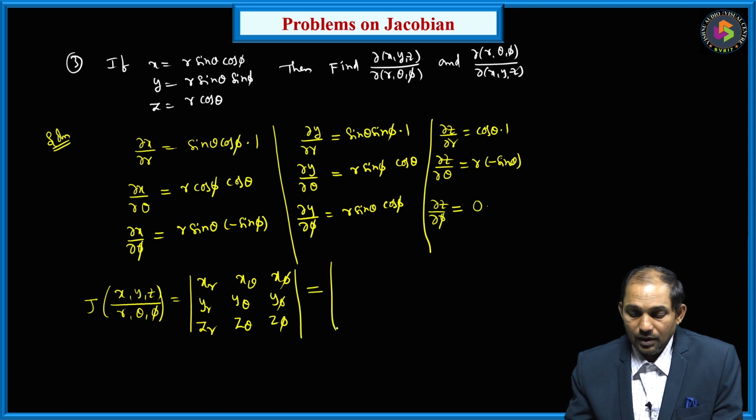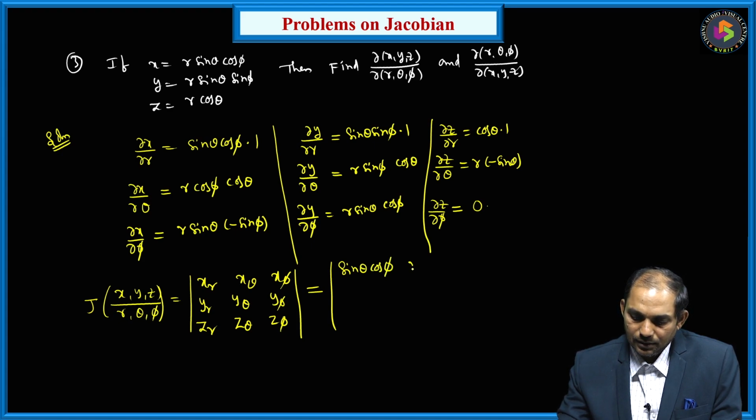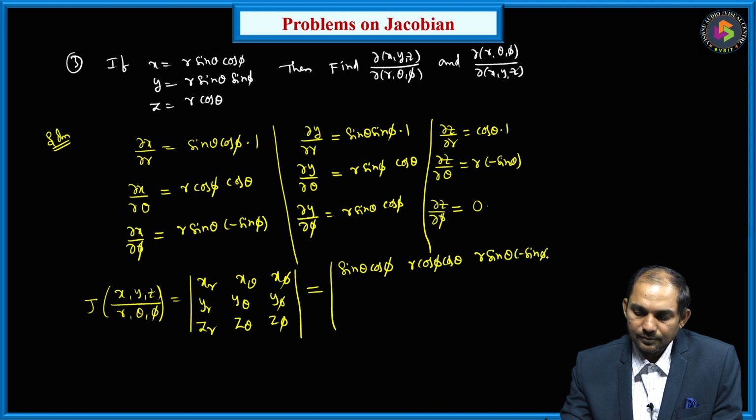Let us substitute the values. The first row is sin theta cos phi, r cos theta cos phi, and r sin theta times minus sin phi.